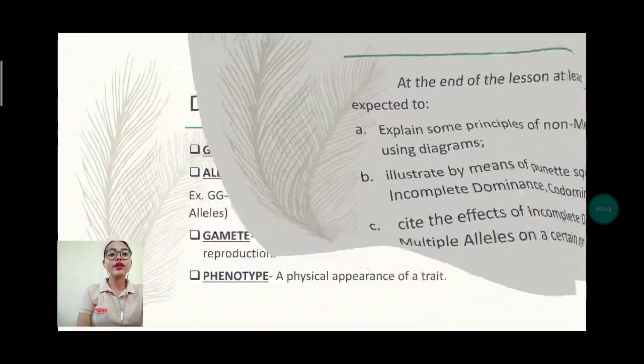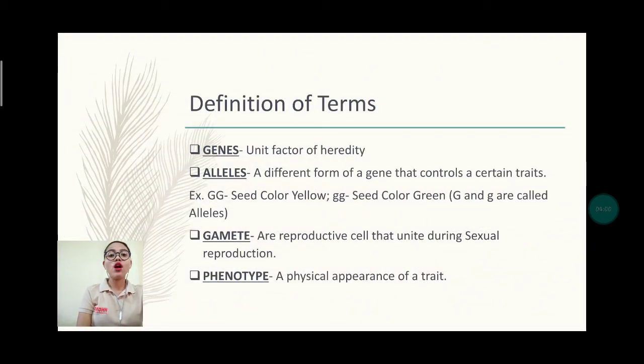As we go through our lesson, we encountered different words. So at first, in order to be familiarized with those terms, we're going to define it. First, genes. When we say genes, it is a unit factor of heredity. Next, alleles. Alleles is a different form of a gene that control a certain trait.